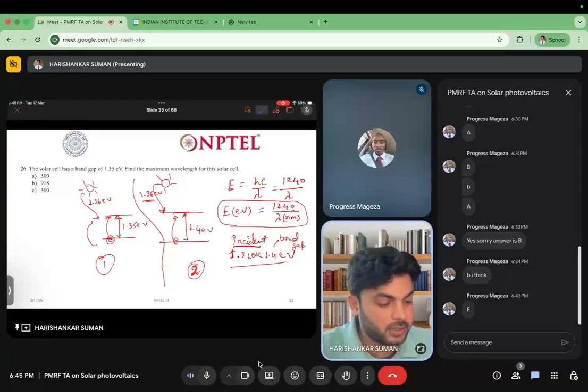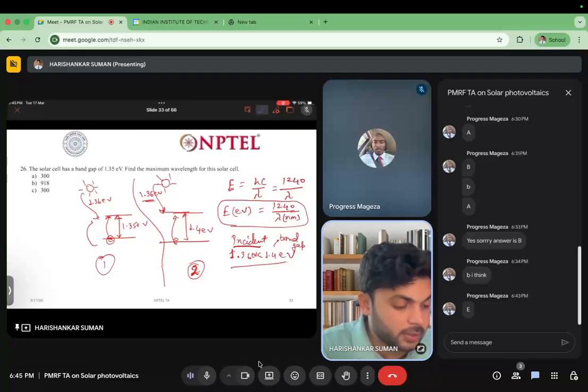The solar cell has a band gap of 1.35 eV. Find the maximum wavelength for this solar cell. So what is the concept for that? We can take the energy to be at least equal to the band gap. From that you can calculate the maximum wavelength.